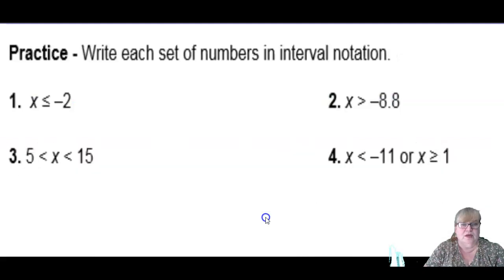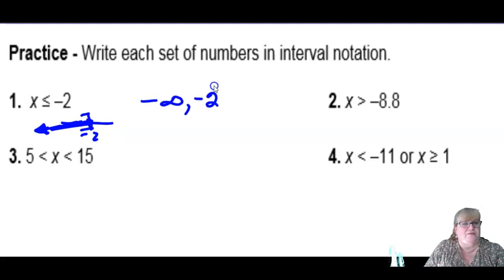Okay, so here are our quick examples. x is less than or equal to -2. If we did a number line, we would say going to the left. So therefore, we have to start from the least value, which would be negative infinity, and say it goes up to -2, and it said or equal to, so we're going to have the square bracket. A parenthesis always goes with an infinity.